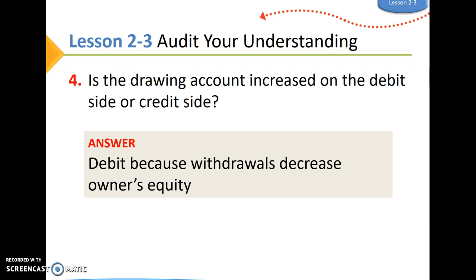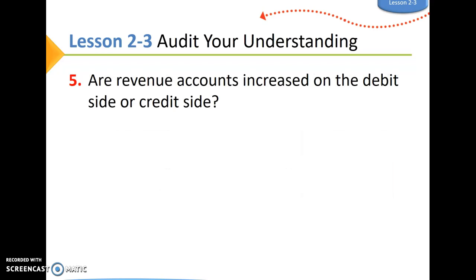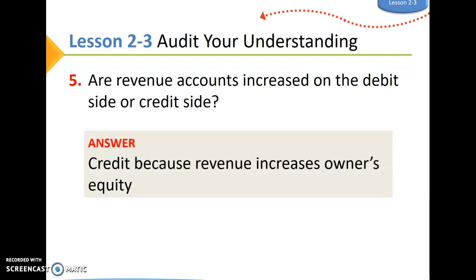Debit, because withdrawals decrease your owner's equity. Are revenue accounts increased on the debit side or the credit side? Well, if you're adding revenue into your account, you're increasing your owner's equity, so you're going to credit your revenue.